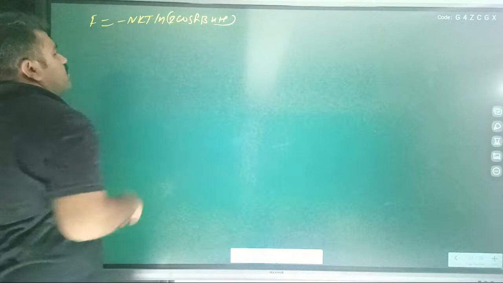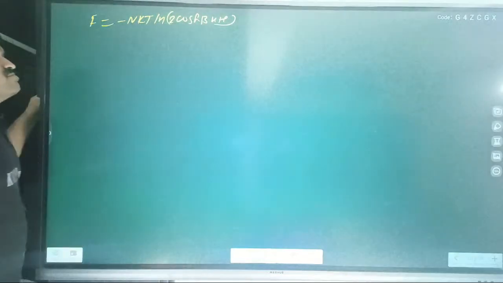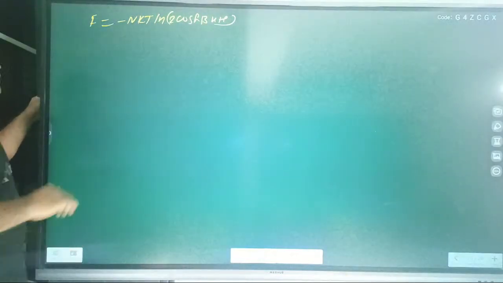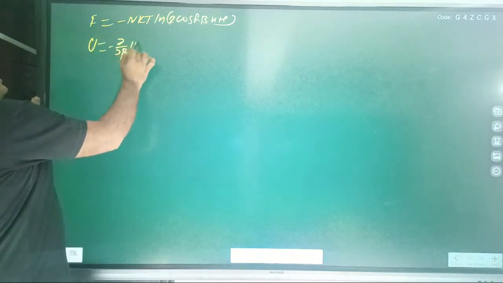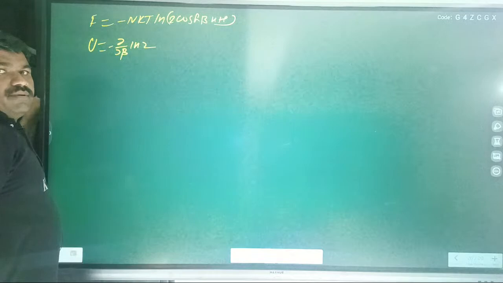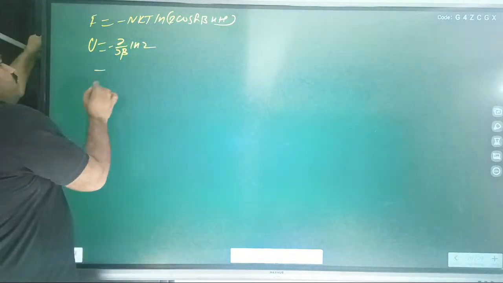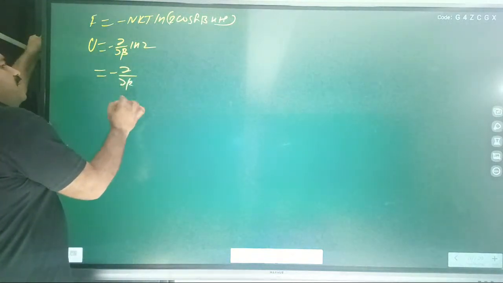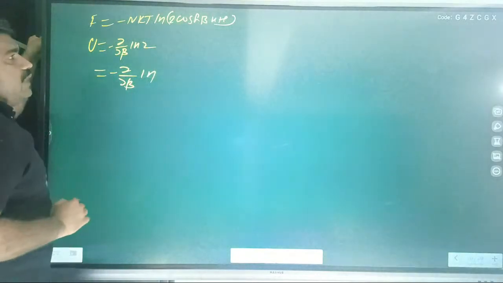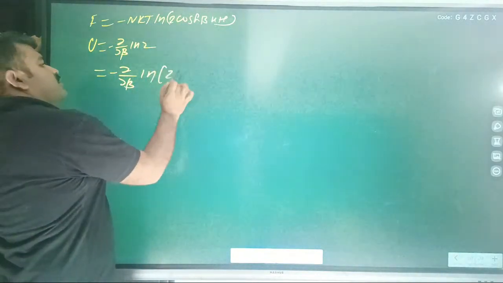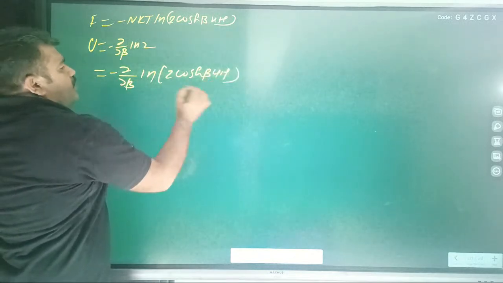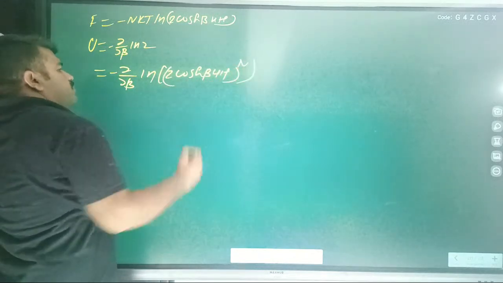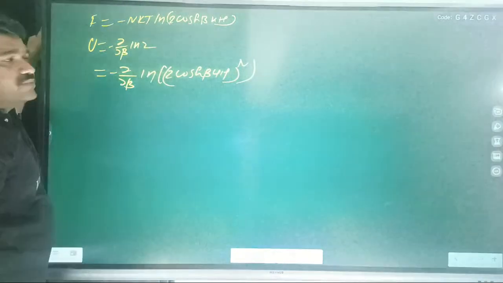Okay, now the average energy U is equal to minus ∂/∂β ln Z. So ∂/∂β of ln [2 cosh(βμh)] raised to N, because there are N particles present.